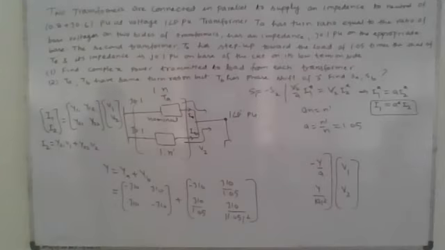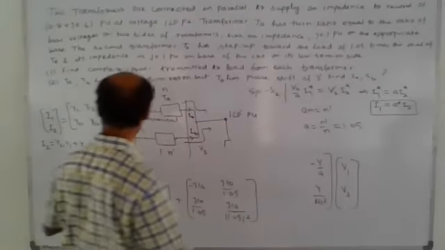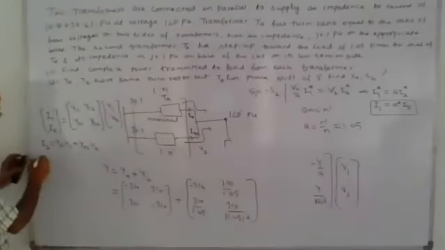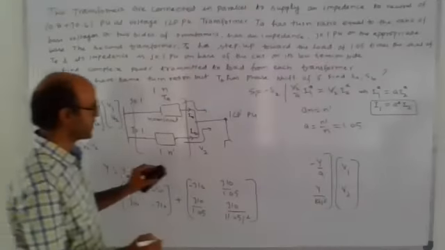So we have to find B1 and B2. So how do I find B1? Because B1 is not given, right? So this is given, but B1 we have to find from here, because I2 is given. How do I find B1?